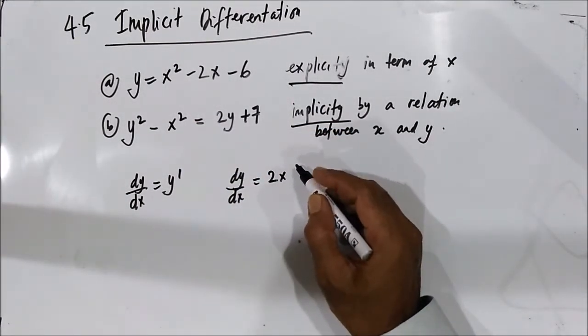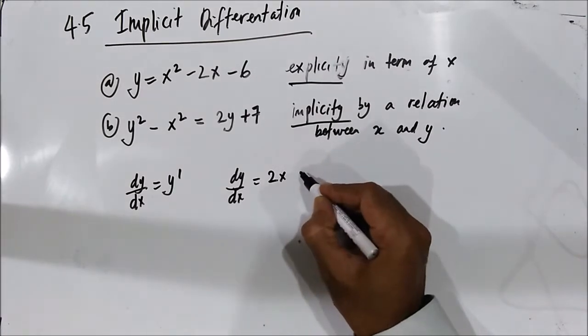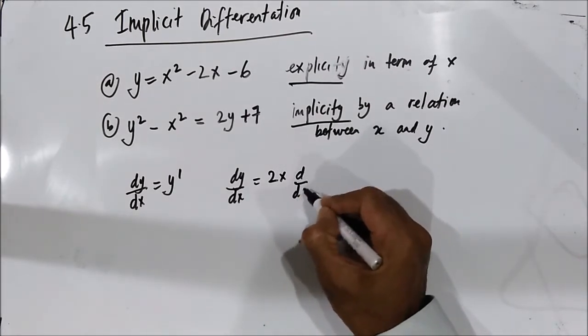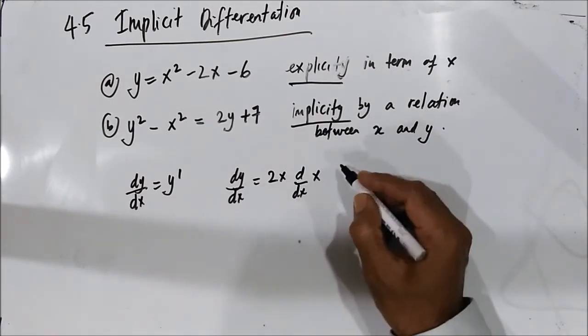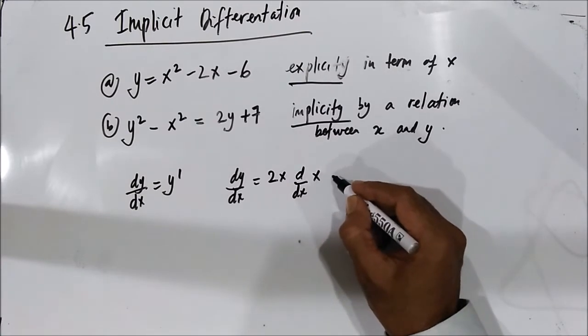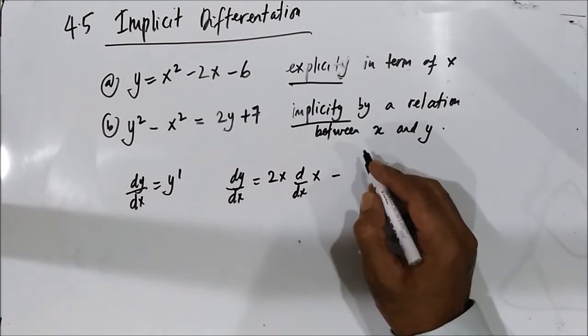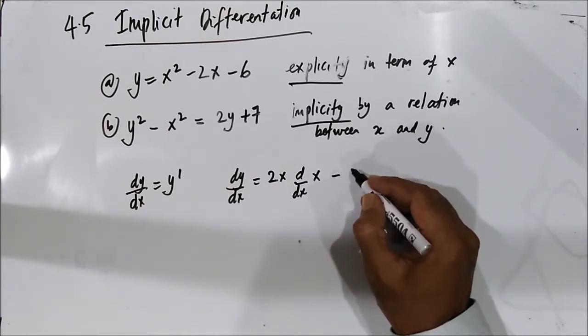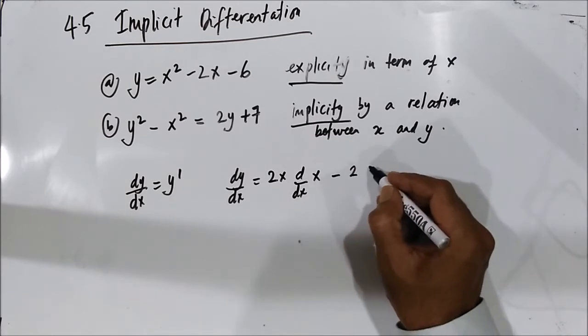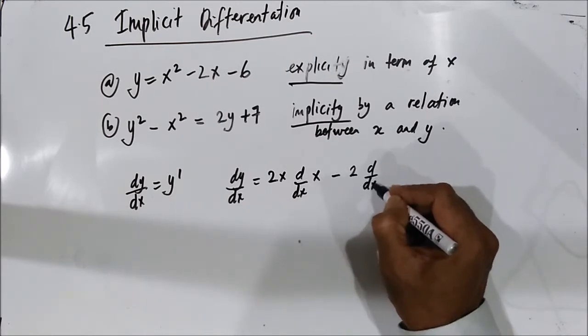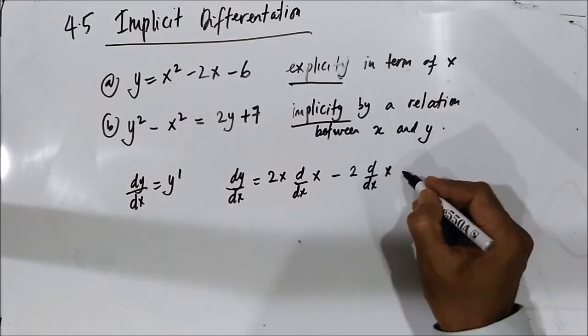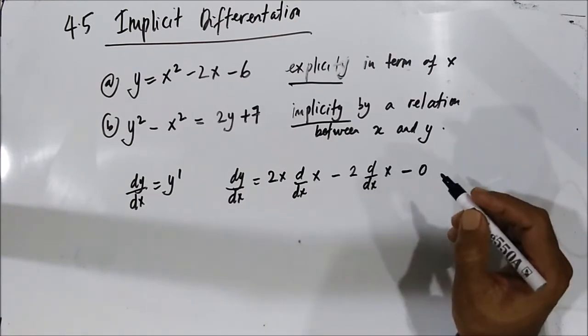The differentiation of x with respect to x is d/dx of x, minus 2 d/dx of x, minus 0.